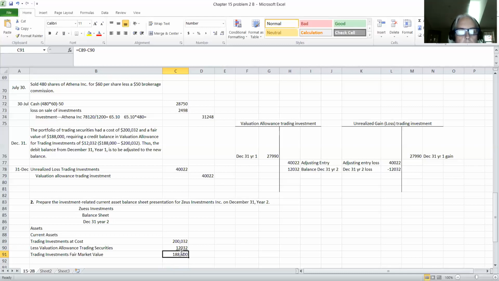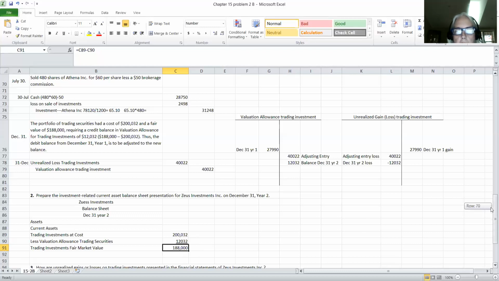Now, if this trading investment market value was more than the cost, this would have changed to add the valuation allowance, and there would have been an unrealized gain on the sale of investments in that case. But that's not what happened here, because our fair market value was less than what it cost us. There was an unrealized loss on those investments at year 2.